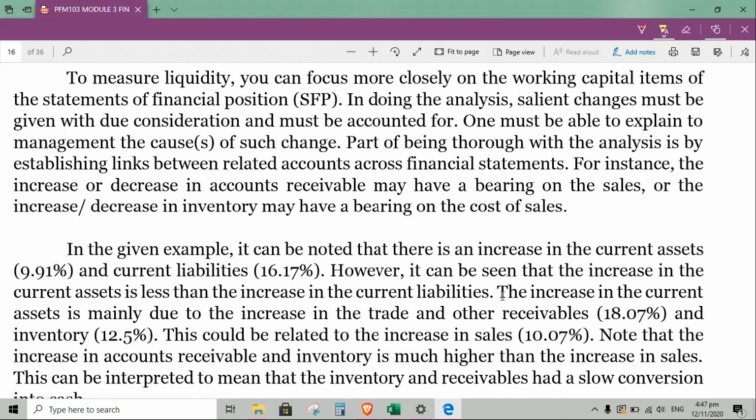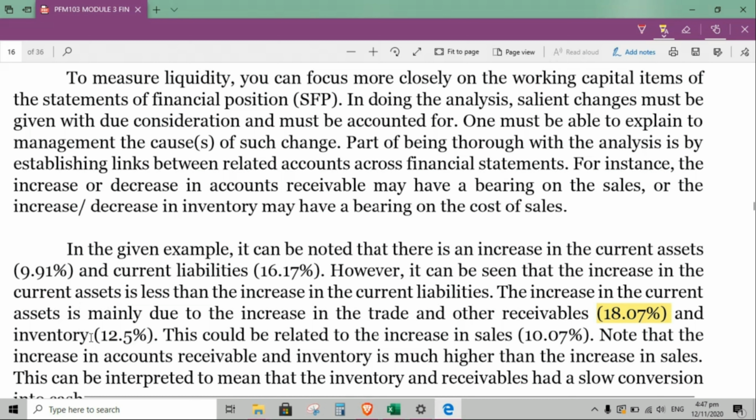So, the increase in the current assets is mainly due to the increase in the trade and other receivables. So, at inventory, ayan. So, kung titignan nyo yung balance sheet ng real corporation, trade and other receivables niya ay 80%.